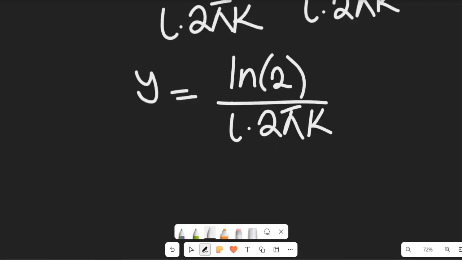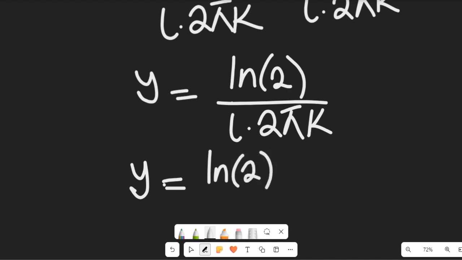So let us simplify this by removing the imaginary from the denominator. And to do that, we're going to multiply both the numerator and denominator by the imaginary.